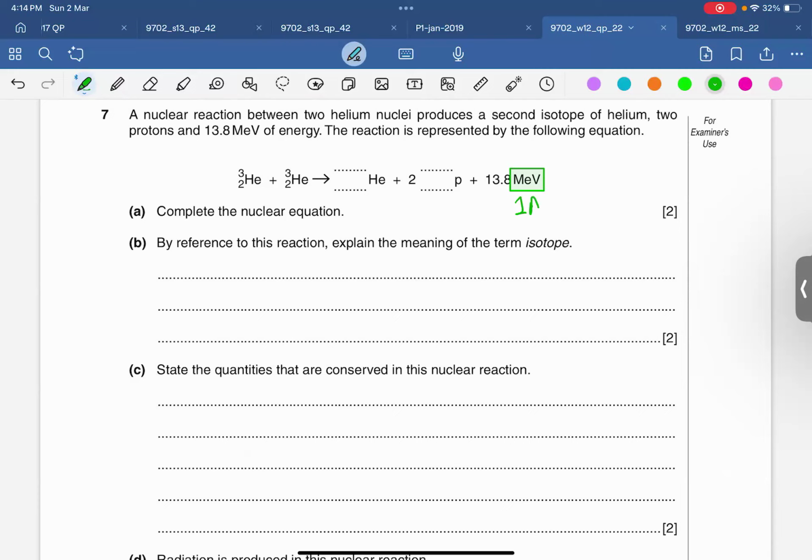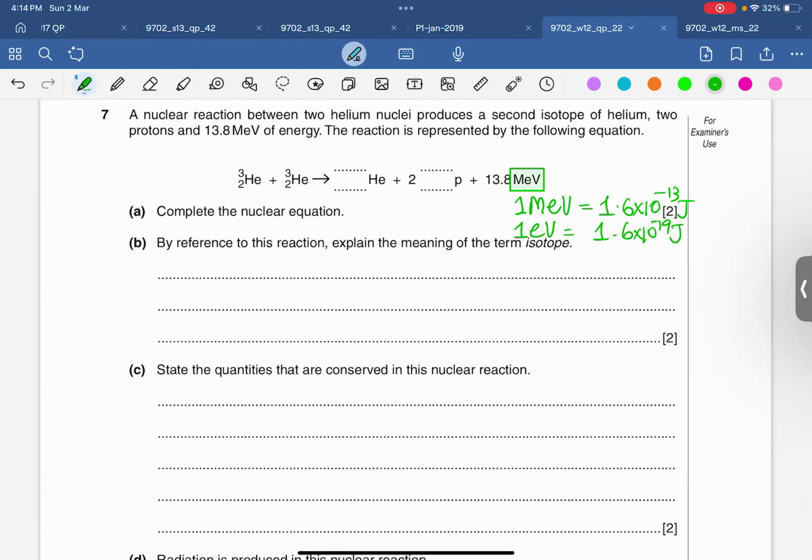One mega electron volt is equal to 1.6 times 10 to the power negative 13 joules. And if they just say 1 electron volt, it should be equal to 1.6 times 10 to the power negative 19 joules. So electron volt is a smaller or baby unit for the joule. We use joules for bigger things and electron volts for smaller things like the electron.